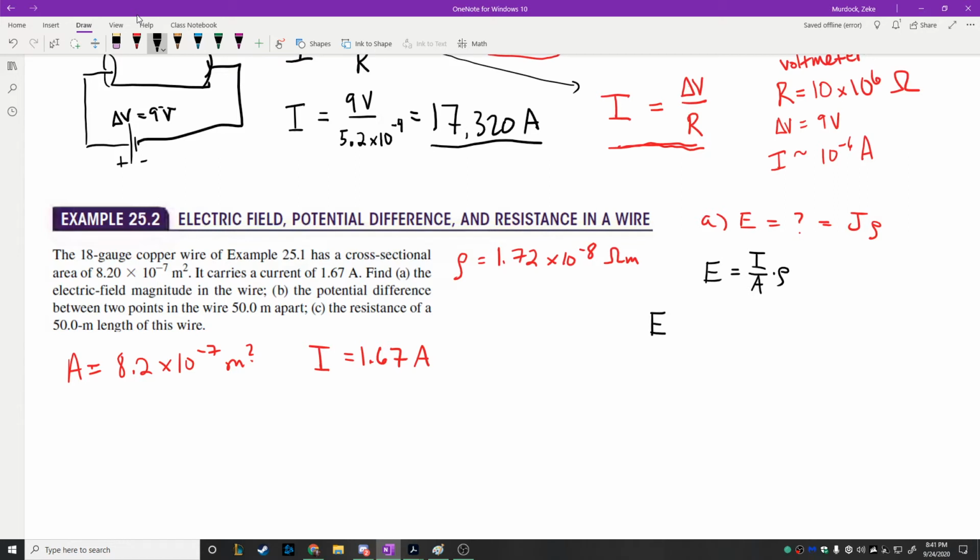So we're going to get that the electric field is equal to, just plug all these numbers in here, 1.67 amps divided by 8.27. And then we need to multiply by rho, which is this right here. So that gives us the electric field. What's that equal to? Maybe I already calculated it.